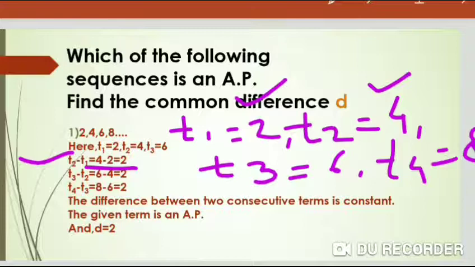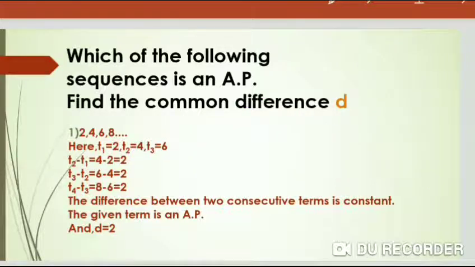Understand students? Now see the next term. In case of the next term, that means T3 minus T2. The value of T3 is equal to 6. The value of T2 is equal to 4. Therefore, we write here 6 minus 4 is equal to 2.